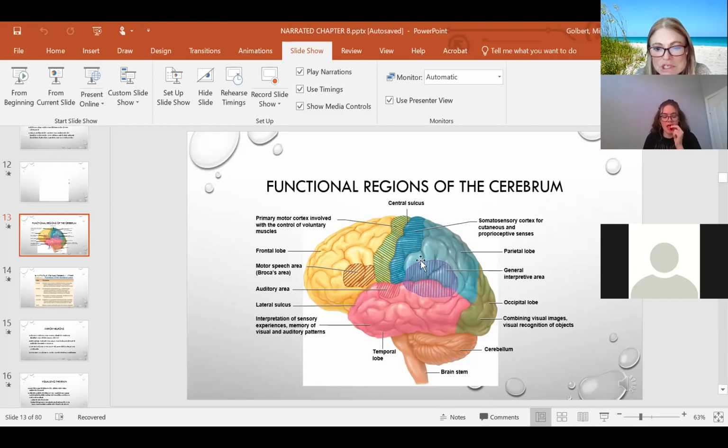Then there's this region here that is called the general interpretive area. So it is kind of like between the temporal and the parietal lobe. And this is a region where a lot of synapses happen, almost like everything would land there because it's general interpretation.